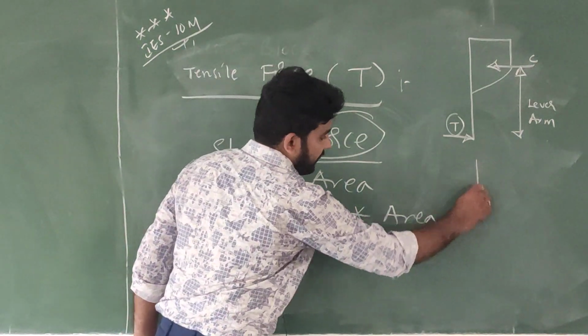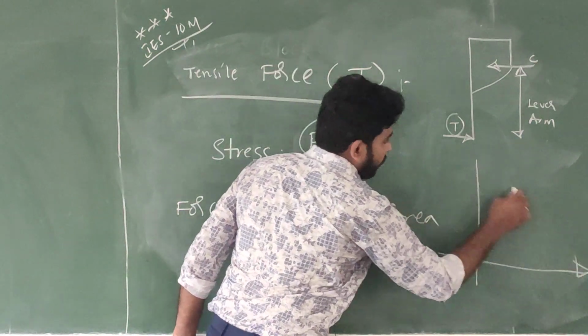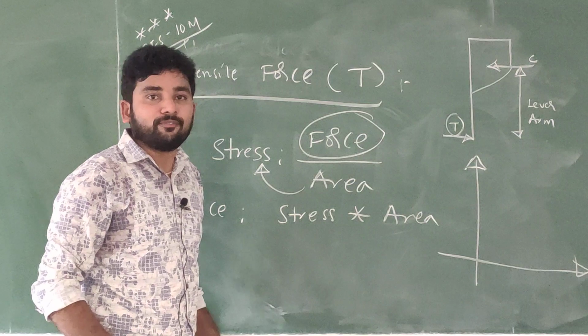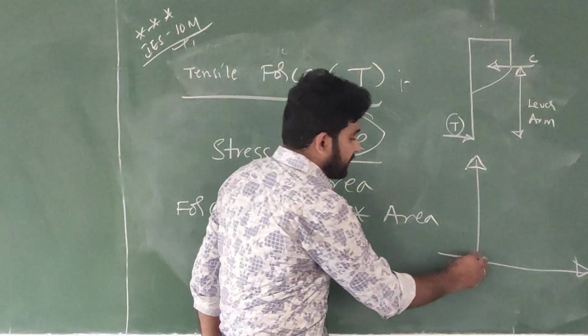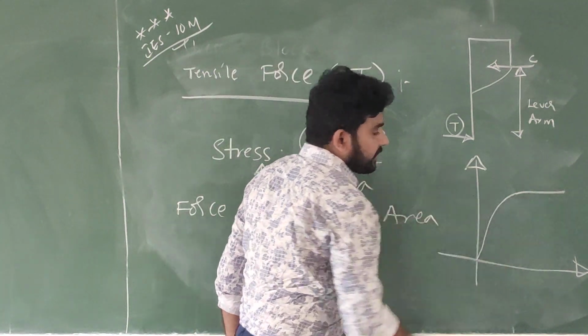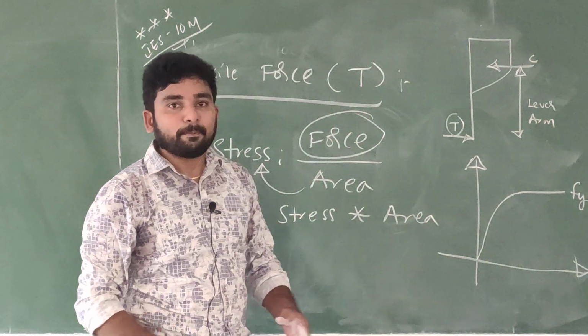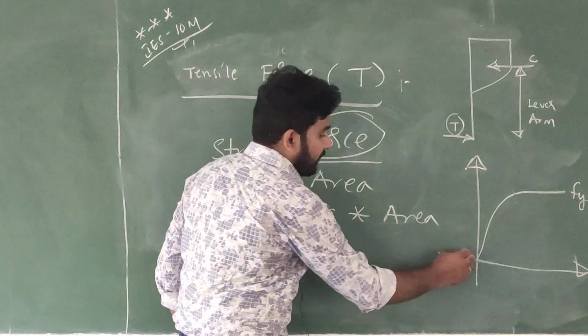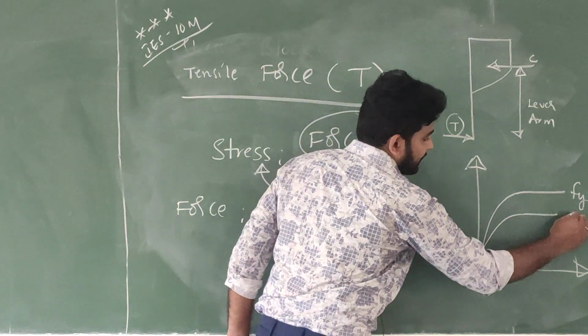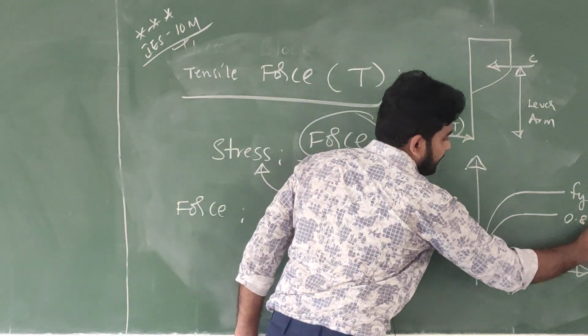How should I know the design stress? You know the stress strain curve of mild steel. If you see the stress strain curve, initially it is Fy. After applying the partial safety factor, what is the design stress? 0.87 Fy.